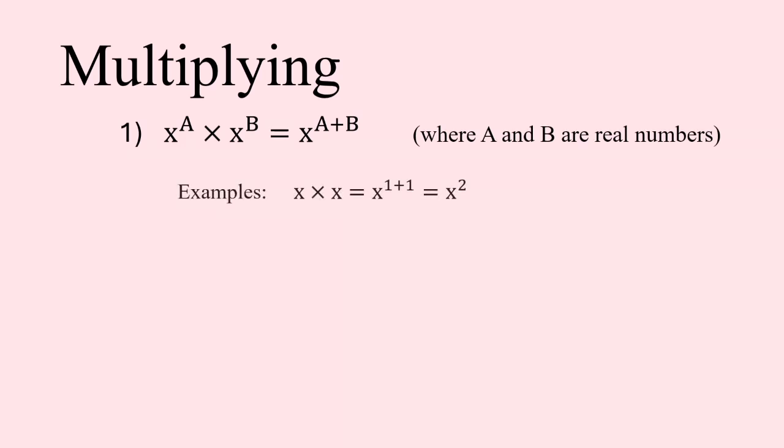For example, x times x is equal to x to the power of 1 plus 1, which is equal to x squared. y to the power of 2 times y to the power of 3 equals y to the power of 2 plus 3, which equals y to the power of 5. a to the power of 3 times a to the power of 4 equals a to the power of 3 plus 4, which equals a to the power of 7.